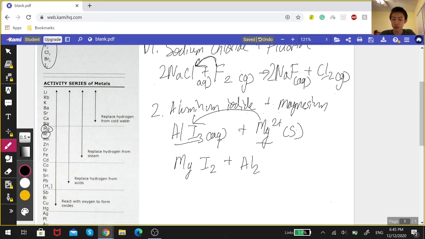Let's try to balance. To match this, we're going to have to add a 3 in front of the Mg, and a 2 in front of the AlI3, plus the Al2 which we got from here. And that is our final reaction.